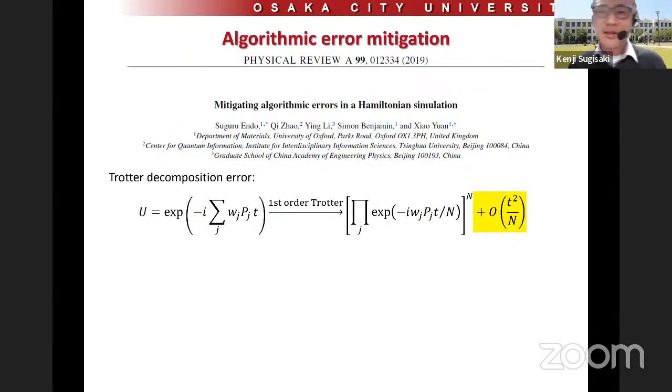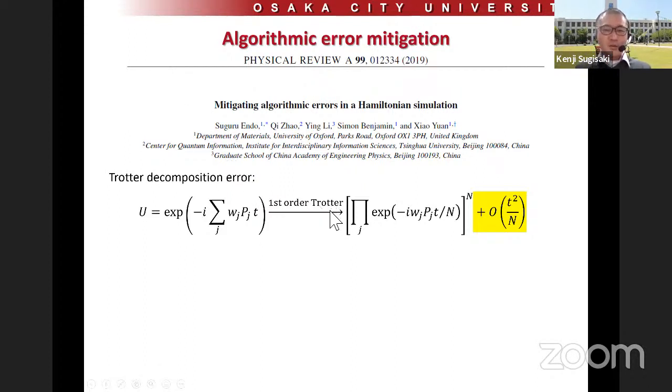And also, this is not error reduction, but an error mitigation technique. But I would like to introduce some algorithmic error mitigation technique. And this is also applicable for quantum phase estimation.